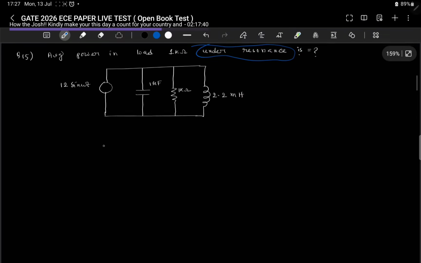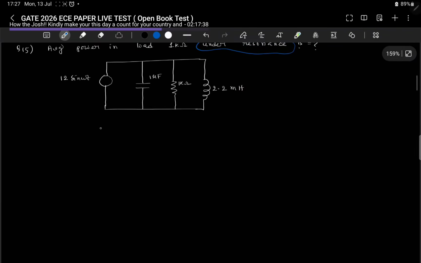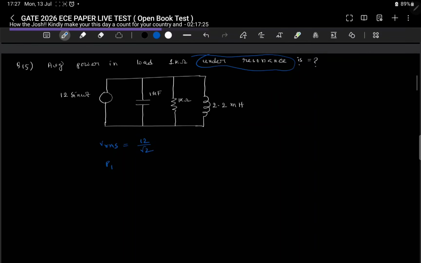So now Vrms equal to 12 by root 2, and then power through that resistance will be Vrms square by that resistance.